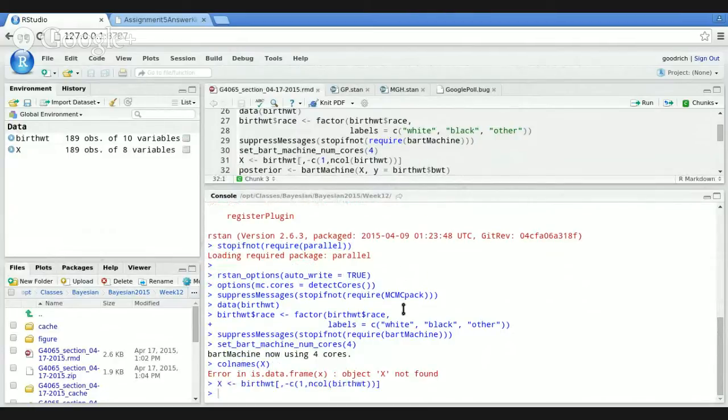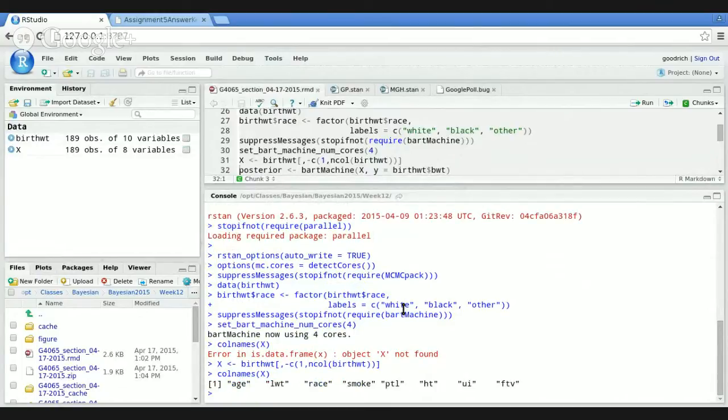So age, race, smoke, some other things about how many times the woman went to the doctor, other variables. But in any event, we're interested in the causal effect of smoking, and we can do that with a continuous outcome. So this is the baby's weight in grams.